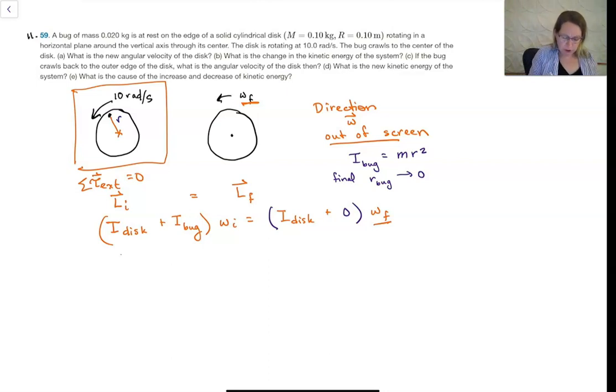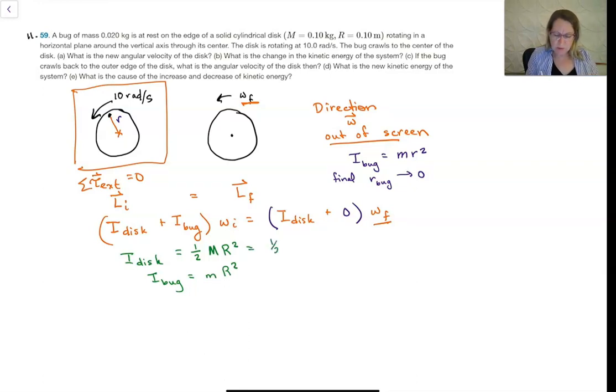So it's just a matter of finding the moment of inertia now. For the moment of inertia of a disk, we look in our table and find that it's 1/2 the mass of the disk times r squared. The moment of inertia of the bug initially is just the mass of the bug times its radius, it's on the edge, squared.